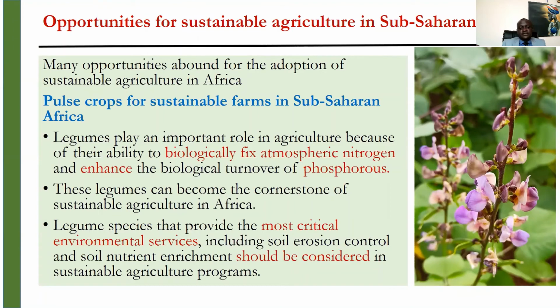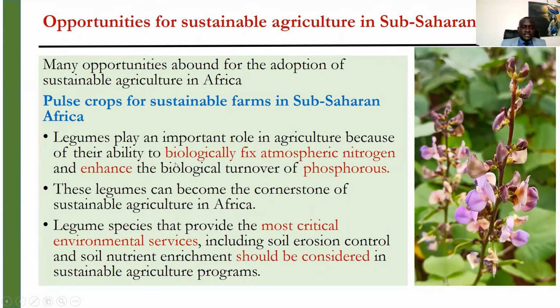And as we know, legumes play an important role in agriculture because of their ability to biologically fix atmospheric nitrogen and enhance the biological turnover of phosphorus. So in other words, when legumes are fixing nitrogen, what they usually require is phosphorus to do that.